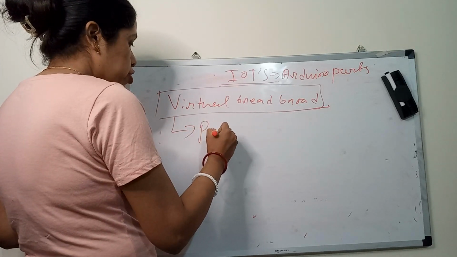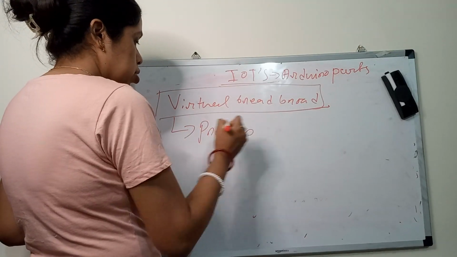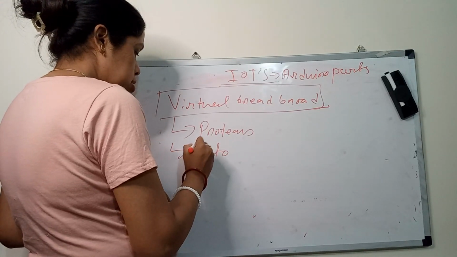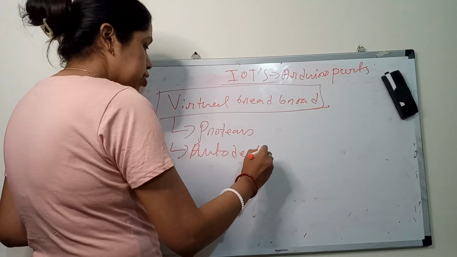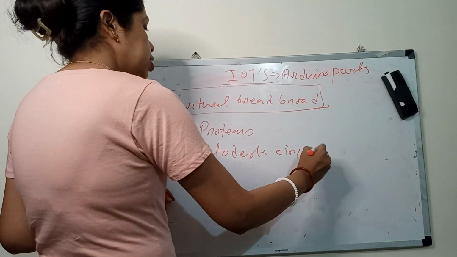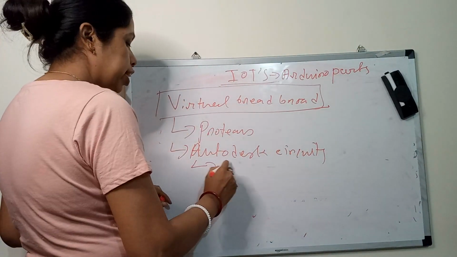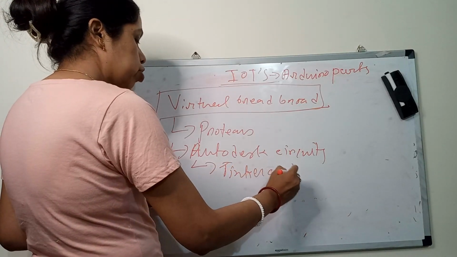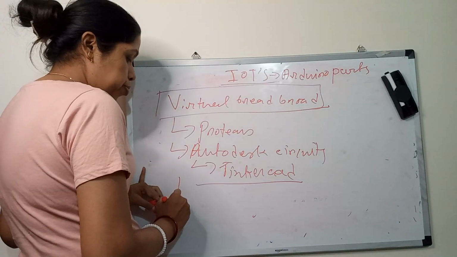One is Proteus. Second is Autodesk Circuits, under which you have Tinkercad. You can implement different kinds of digital and analog circuits in the Tinkercad platform.